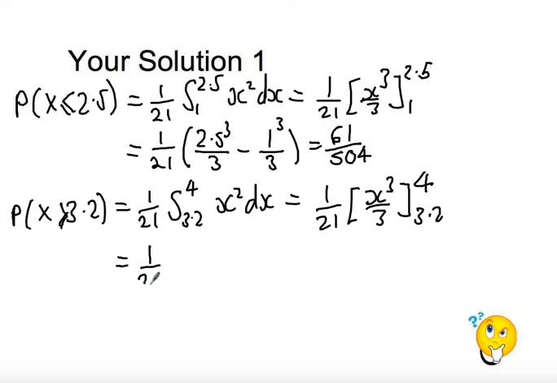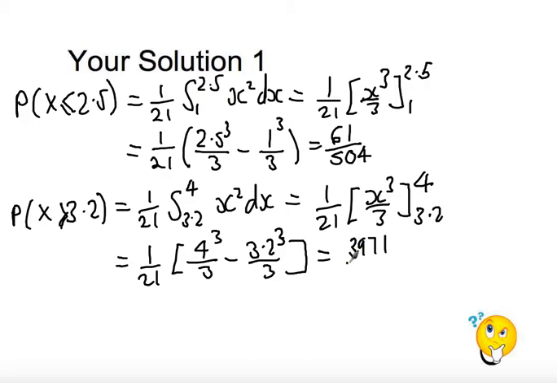Evaluating that, I get 4 cubed over 3 minus 3.2 cubed over 3. If you type that in carefully in your calculator and try not to make any mistakes, we should get an answer of 3,971 over 7875. Okay, well I hope that's all made sense.